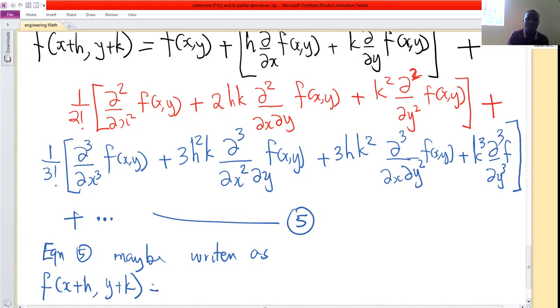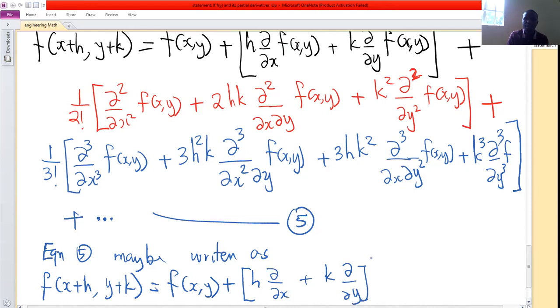So the first term will just be f of x comma y. For the second term, because f of x y is common to this and this one, I have put it out. So I have in brackets h partial x plus k partial y, and then f of x y.